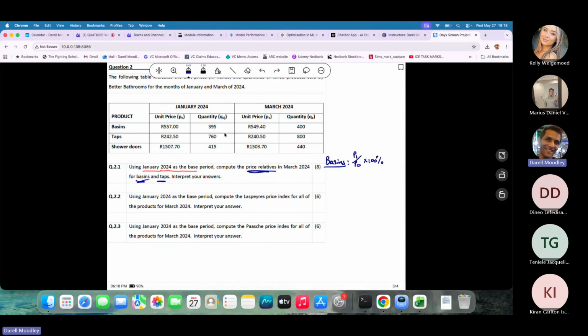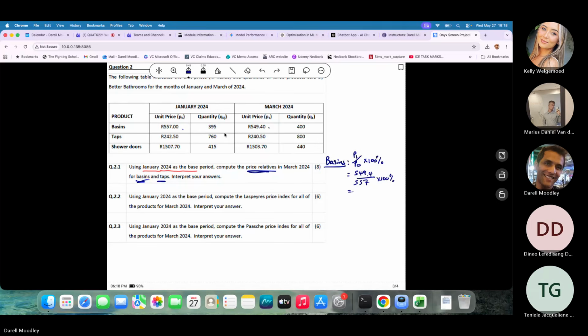Now the price for basins in March, if you look at the table, is 549.4, divided by the price in January, which is 557. You convert that to a percent and you get a value of 98.64%.